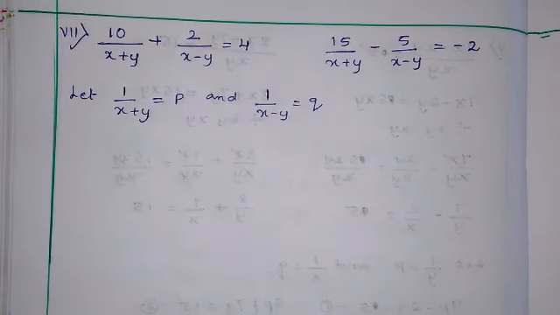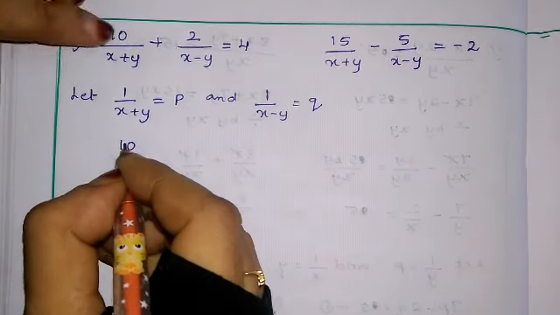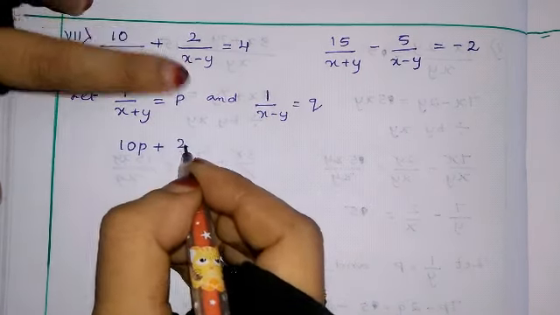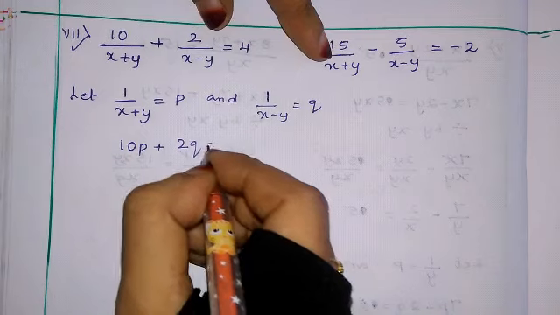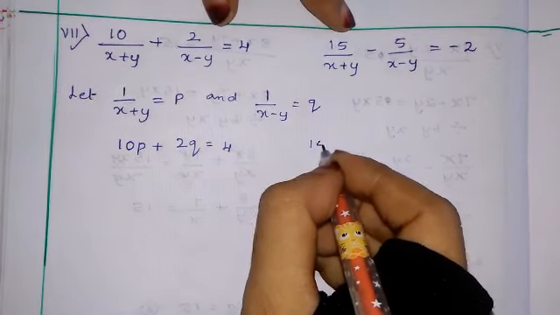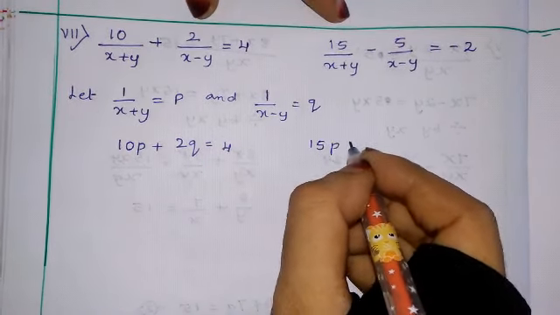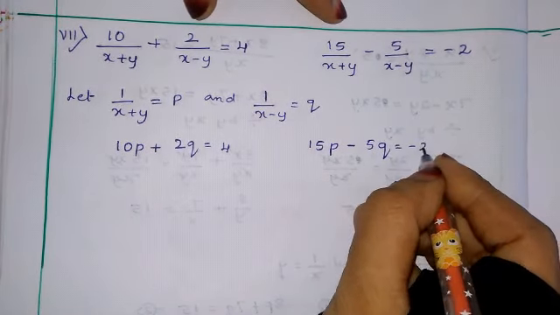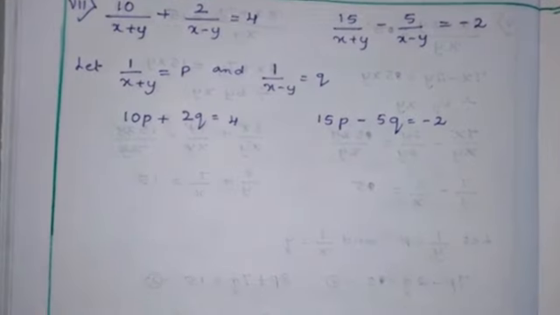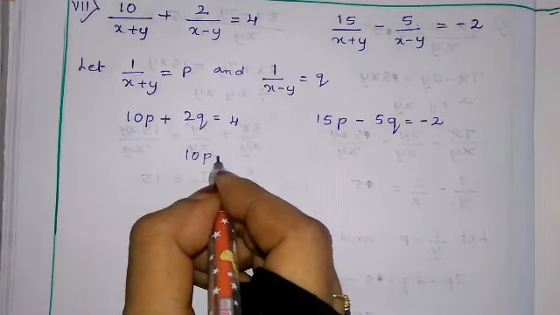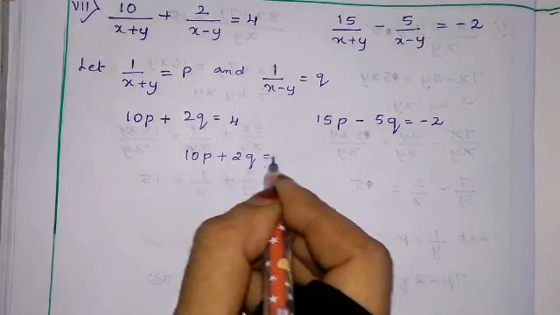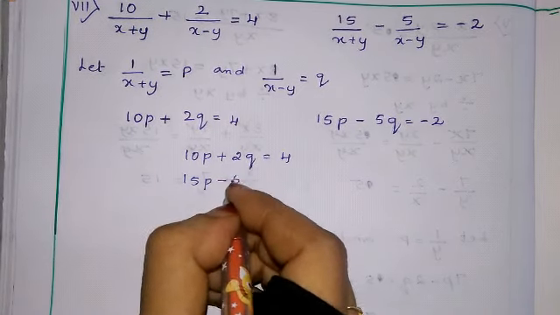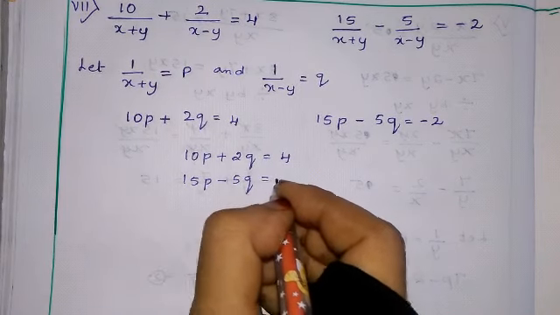So let us solve now. 10 times 1 by x plus y is p plus 2 times 1 by x minus y is q is equal to 4. 15 times 1 by x plus y is p minus 1 by x minus y is 5q is equal to minus 2. Same way again you have to do. 10p plus 2q is equal to 4. 15p minus 5q is equal to minus 2.